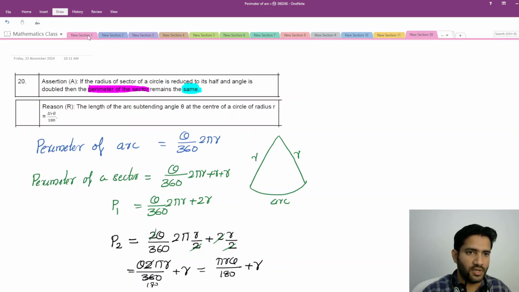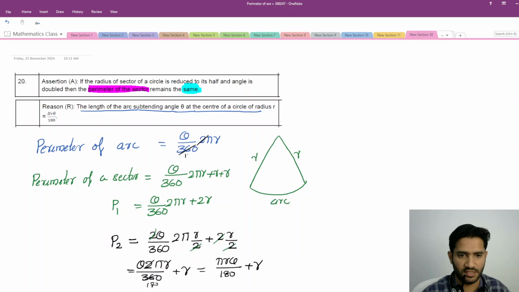Then look at the reason: the length of the arc subtending angle theta at the center is pi r theta by 180. That's right. This is 2 pi r, so we can cancel 2 and 360 and get 180. So that's correct. So the assertion is not true, but the reason is true.